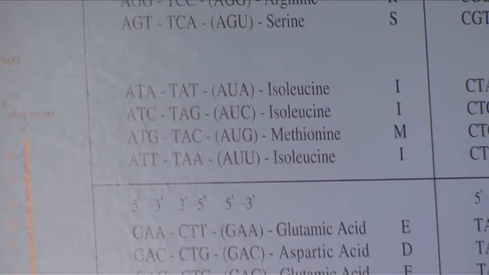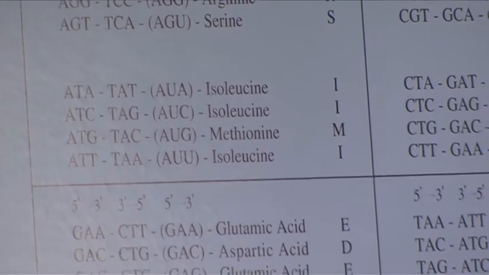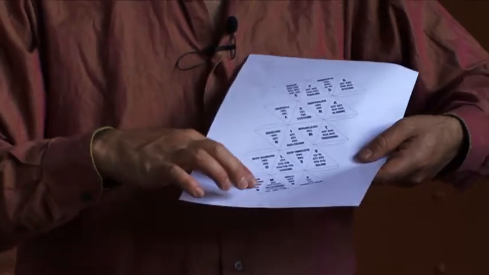AUG, methionine, says start a gene. It's a start thing. So you can see on here, if you look on methionine, there's a crazy one. It's this M at the top with all the writing on it.